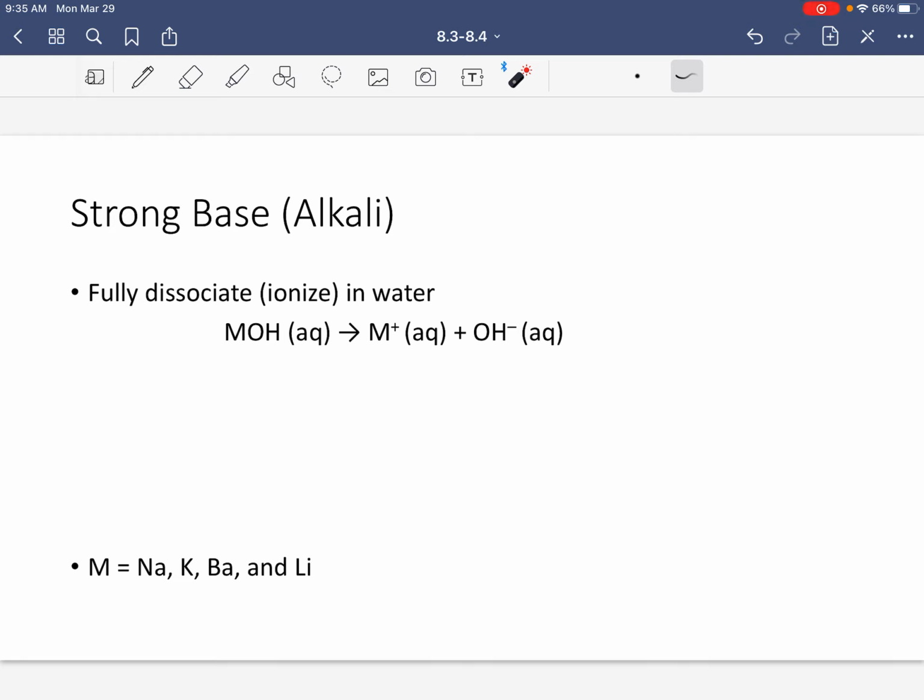They will fully dissociate. For example, NaOH in water will fully dissociate to give you Na plus and OH minus. KOH will fully dissociate to give you K plus and OH minus.